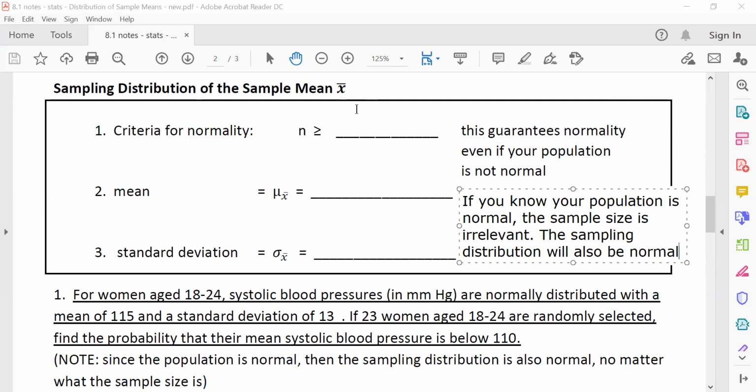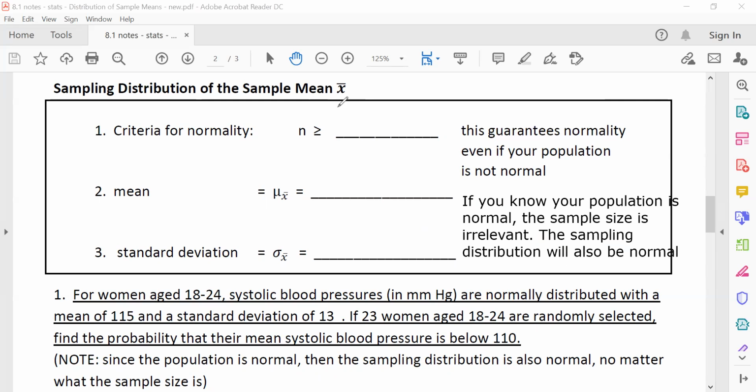All we've talked about before are single observations being normal and computing probabilities from single individual observations. But now we need to talk about probabilities involving a sample mean, the average value of a sample.